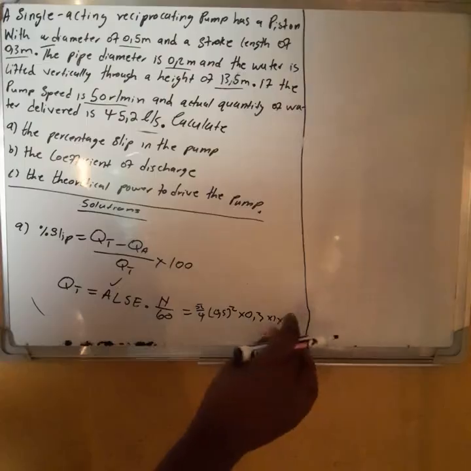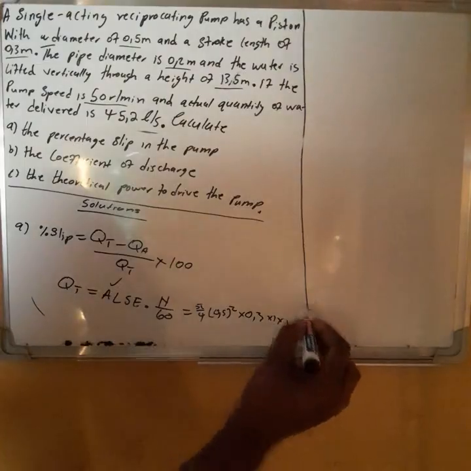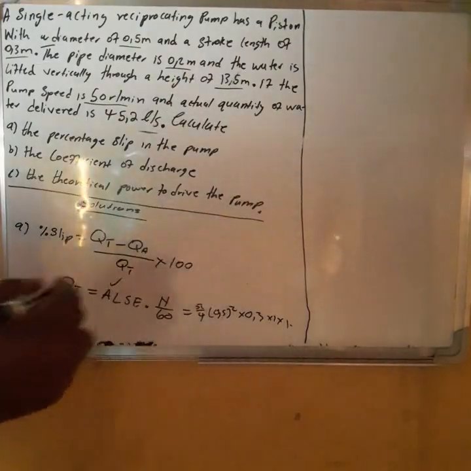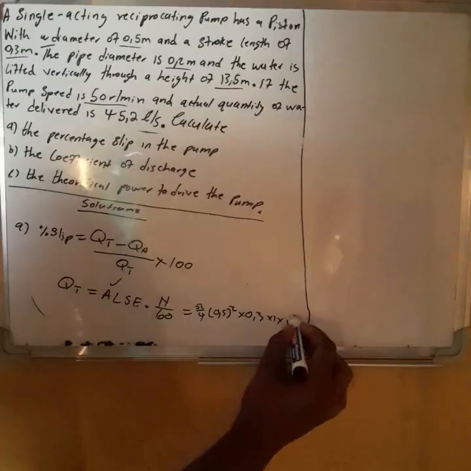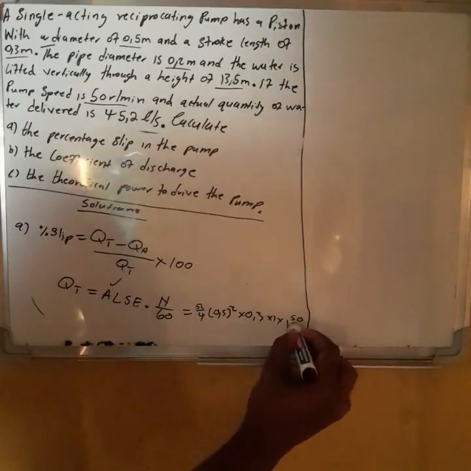Then we multiply by the speed given, 50, so multiply by 50 over 60.